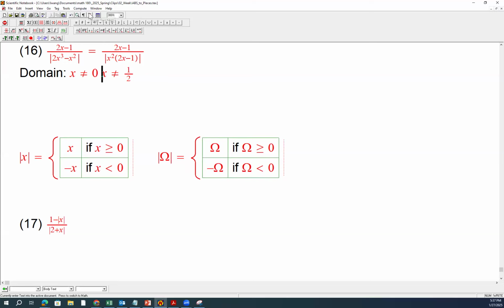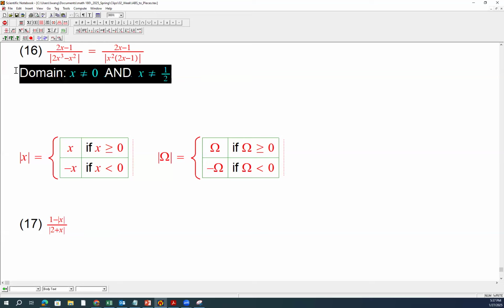Both must be satisfied. It cannot be 0, and cannot be 1/2, because 2x minus 1 would be 0 if x is 1/2.